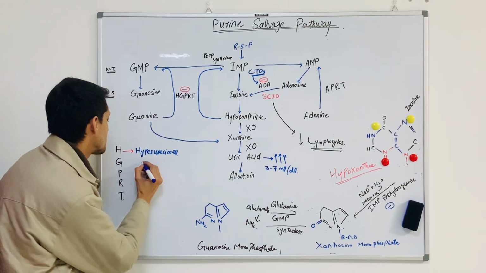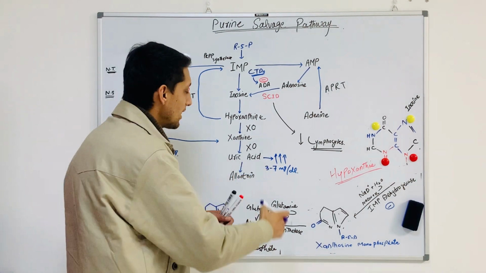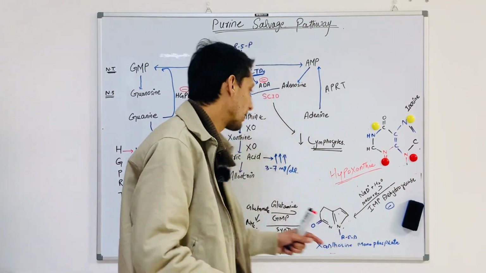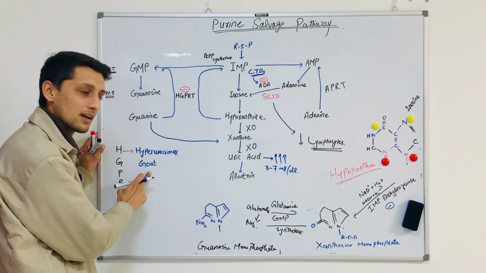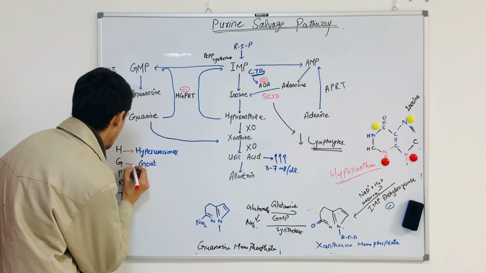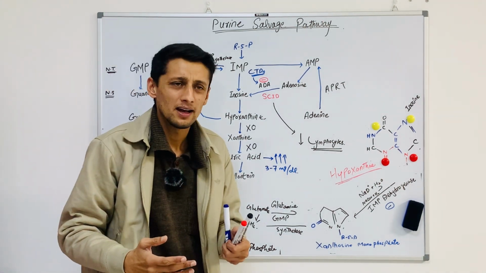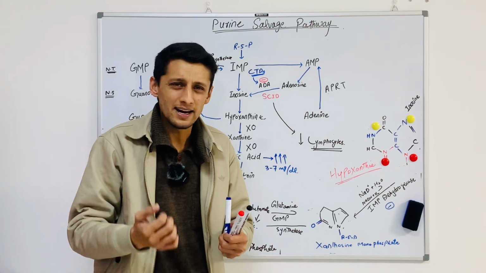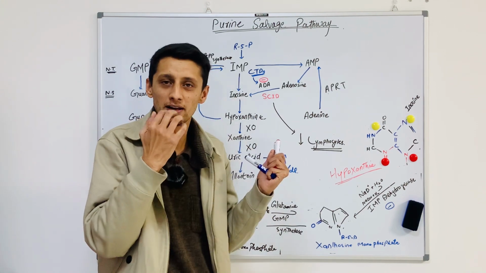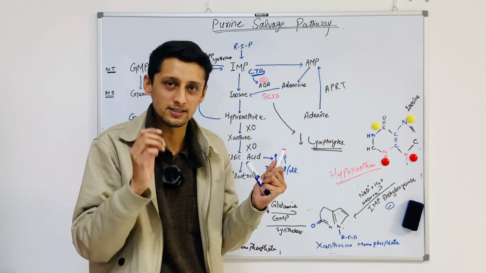The second problem is gout. How? Because when there is more uric acid, it will accumulate in the soft tissues and your joints, and will give you a disorder, that is gout. The third thing is pissed off behavior. Pissed off behavior means there is aggression, and sometimes self-mutilation, like the person having this disorder will start eating his or her lips and fingers.